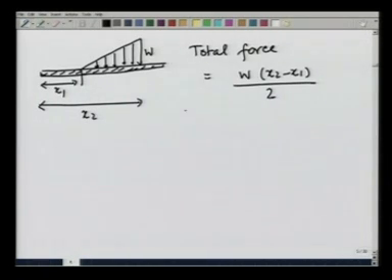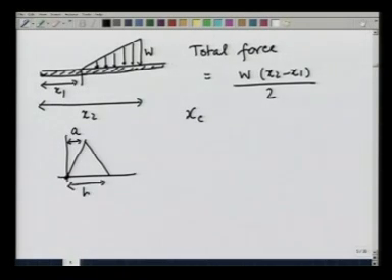And where it acts is at the centroid of this triangle. Recall from the previous lecture that if I am given a triangle, then with respect to one of these corners, if this distance is A and this is B, then the centroid x_c is given as 1/3 (A plus B).